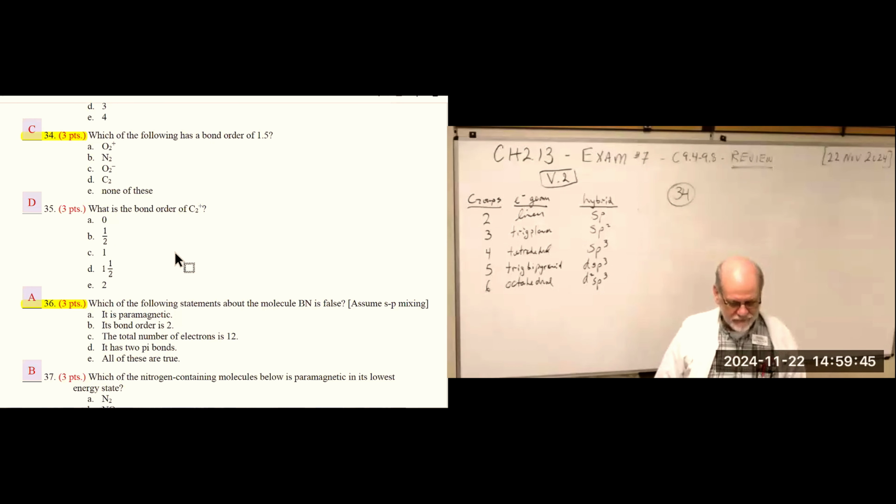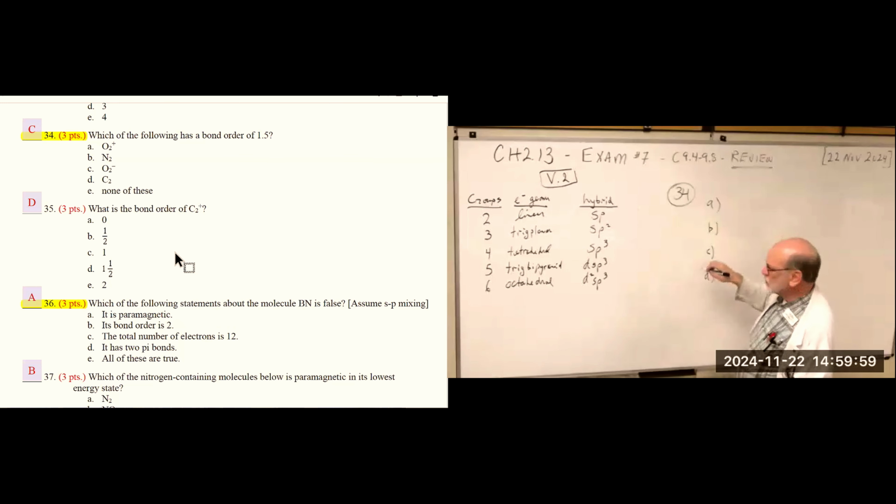So, wait a minute. Which of the following has a bond order of 1.5? A through D. We have O2 plus, N2, O2 minus, and C2.